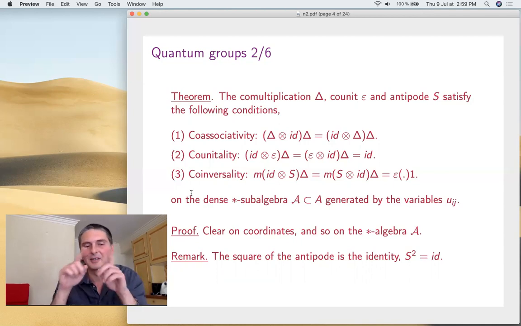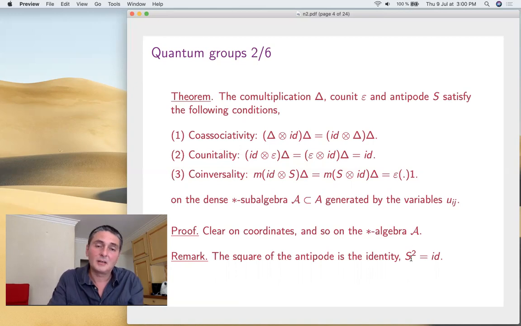This corresponds to the fact that g minus 1 to the minus 1 is g for a group element. So in group theory, at least mathematicians say that this is not an axiom because it follows from the other ones. In quantum group algebra, it's not an axiom because it doesn't follow, but I can put it as a remark after the theorem. So we'll use these three or four things.